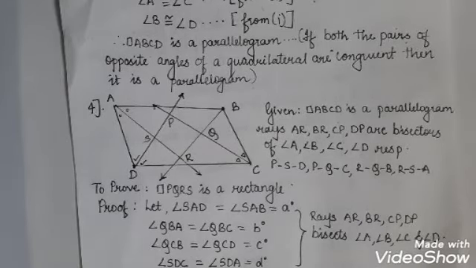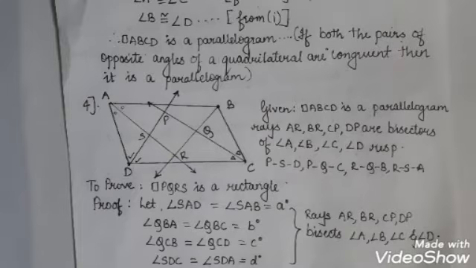Then the angle bisectors. That means the quadrilateral formed by the intersection of the angle bisectors. Which quadrilateral is formed by the intersection of the angle bisectors? PQRS. So I have to prove that PQRS is a rectangle.